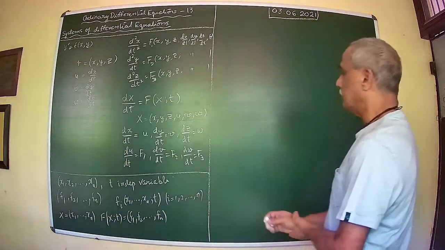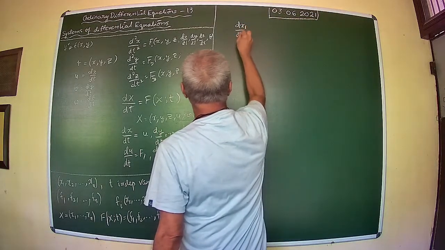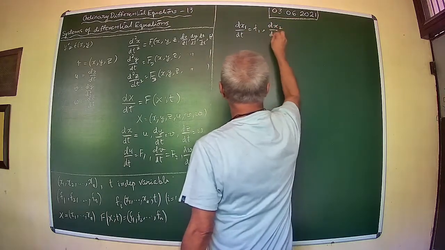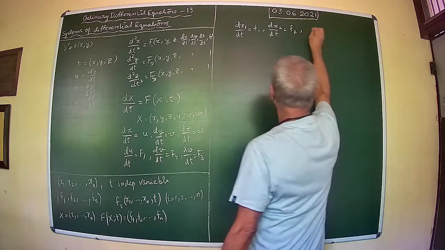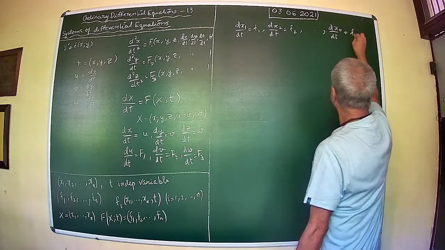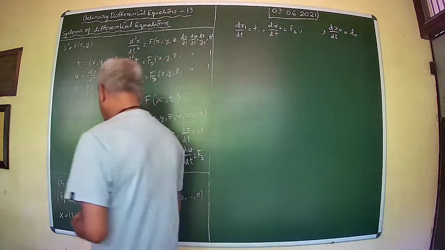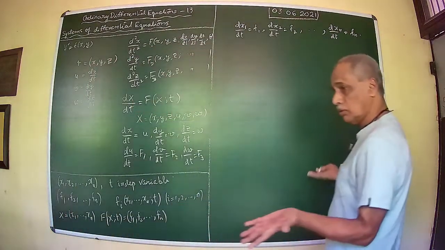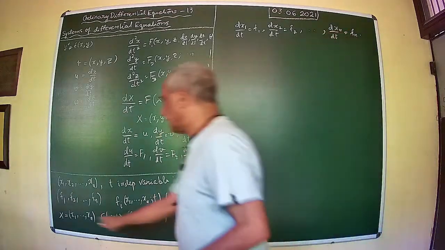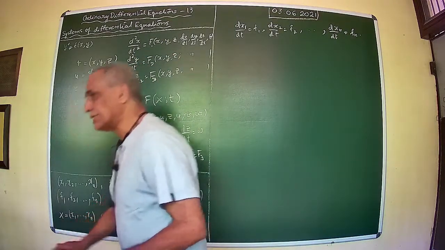Now we can write down a set of first order equations given by dx1 by dt equal to f1, dx2 by dt equal to f2, and so on. Therefore it's immediately clear that with these notations, if x1, x2, ..., xn are functions of t, then x is a function of t.